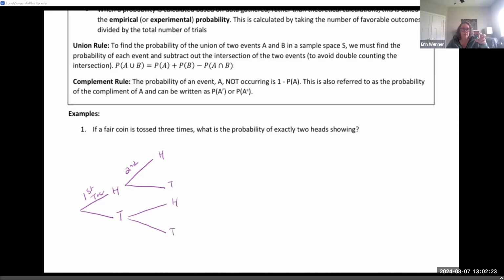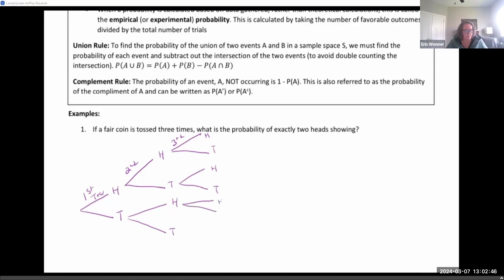So if I got a head first, then on that second toss, I can get a head or a tail. And then finally, we have our third toss. And of course, these can get kind of messy as they get bigger. But again, it's that nice visual reminder of what's going on.